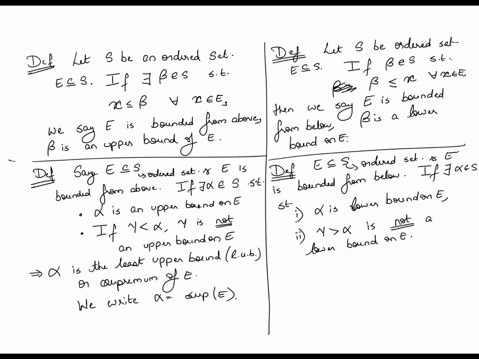Right? So on one hand, this alpha is a lower bound, and anything more than alpha is not a lower bound. In that case, we say that alpha is the greatest lower bound.